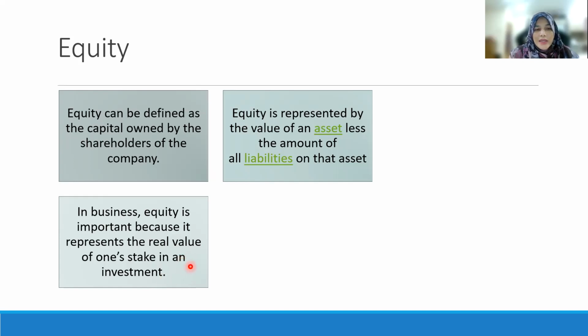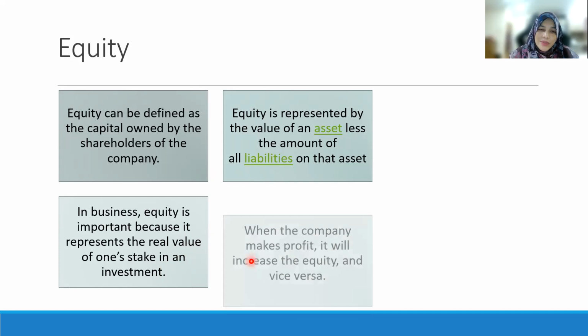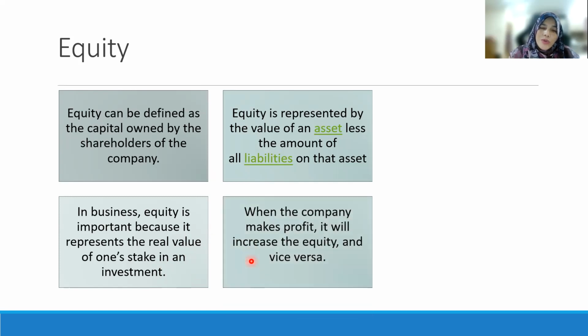So when the shareholder puts money in the business, and at the same time the business also takes a loan from the bank, the real value of the shareholders' wealth is represented by the total assets minus the total liabilities. So it is the equity owned by the company. And when the company makes a profit, it will increase the equity, and vice versa.